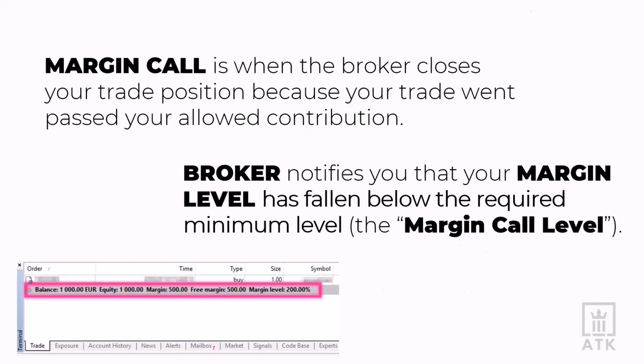Majority of the time, they automatically take you out of the trade if you're over leveraged or the position is going negative against what you put in. They'll do a margin call where they'll close you out of the trade. The broker will notify you that your level has fallen below their required minimum level, and the trade will be closed because you're trading on margin.